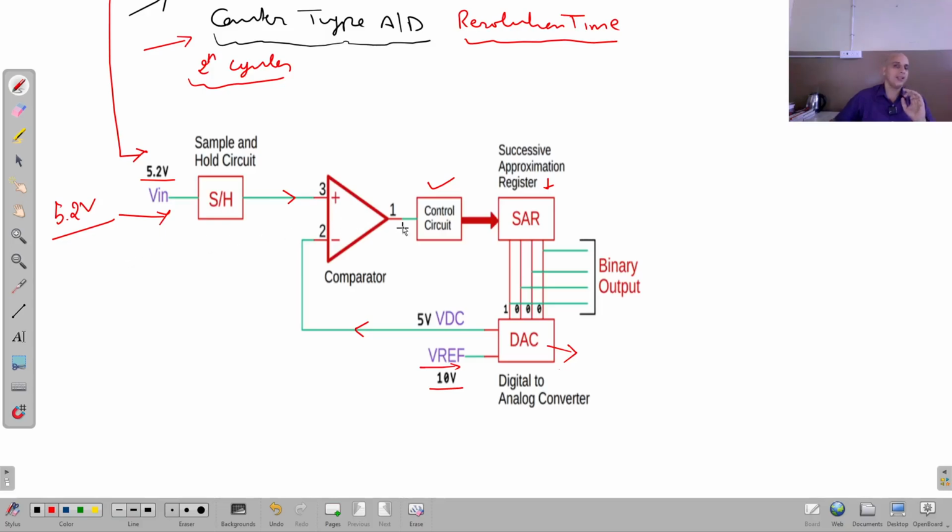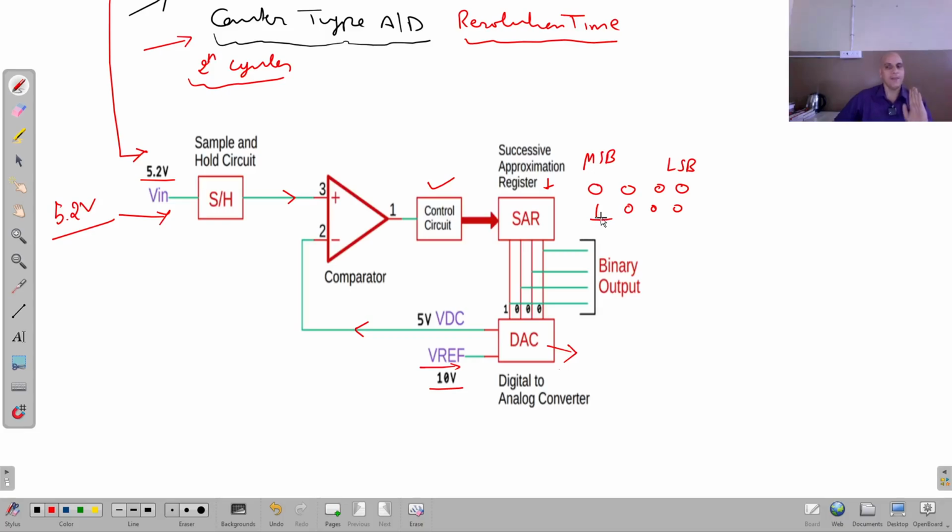Now when this circuit is switched on, we are taking 4 bits, 1, 2, 3, 4. This is the MSB and this is the LSB. When the circuit is switched on, the first digital output generated by this successive approximation register will be 1 0 0 0, meaning the MSB will be set to 1.